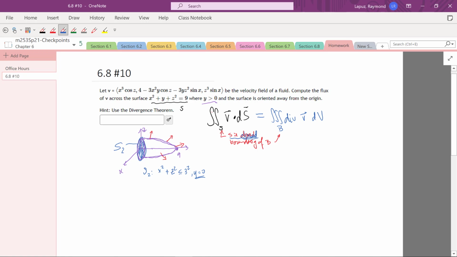Okay, we can parameterize this in several ways, but let us just set up how we're going to use our divergence theorem. So this is not closed, but if we close it up by adding S2, then we have S2 and the original S. This is what we're going to be solving for eventually.